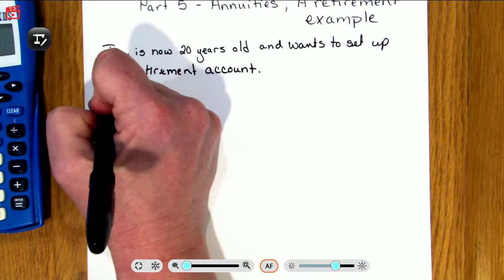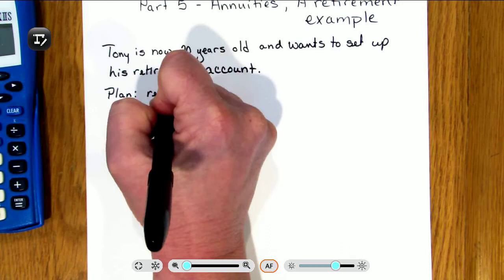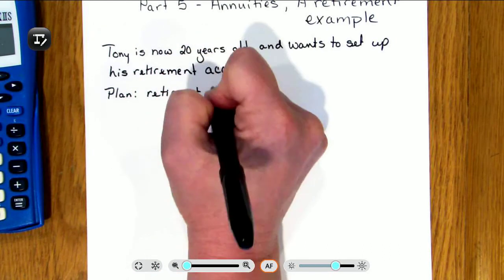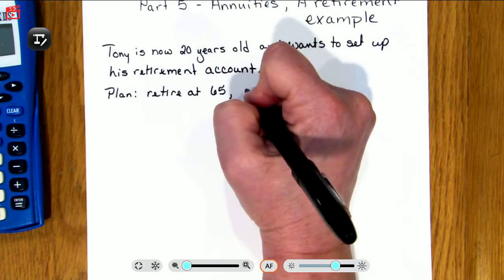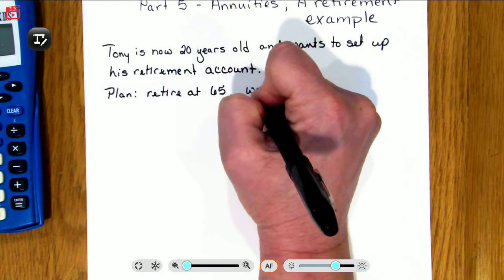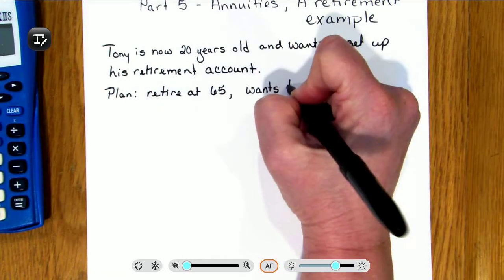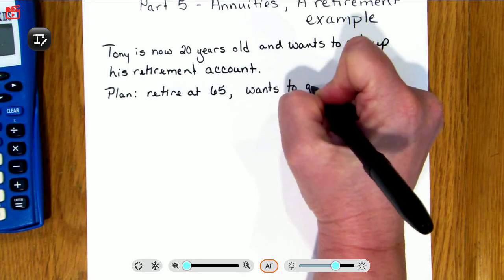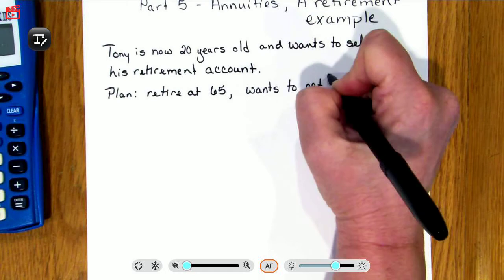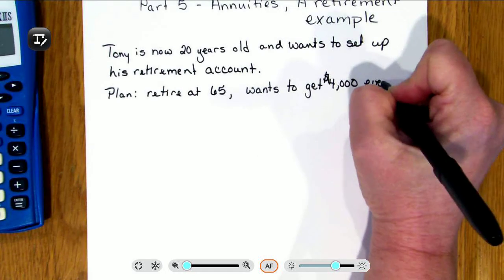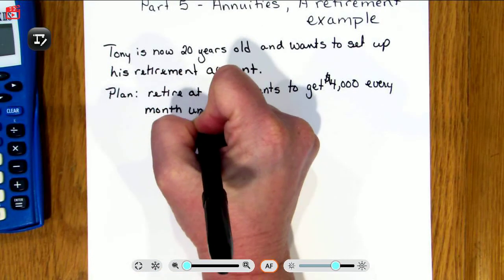So his plan is he's going to retire at 65. Okay, I'm going to just abbreviate all this. And once he turns 65, he wants to make sure to have enough money so that he can get, let's say, $4,000 every month until he's 90.